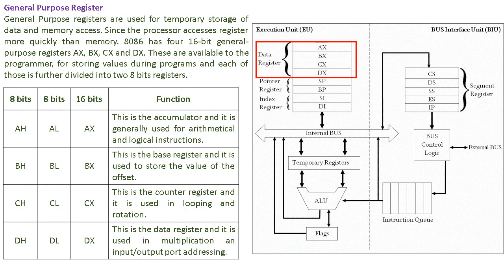It is the counter register, and it is used in looping and rotation. In the last row we have DH, DL, together known as DX. This is the data register, a 16-bit register, and it is used in multiplication and input output port addressing.